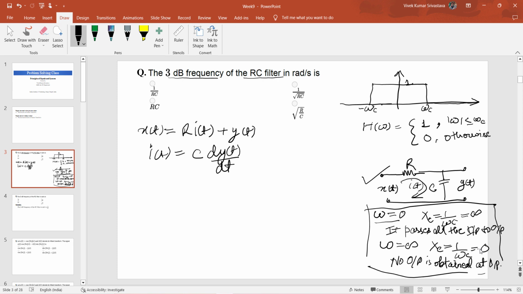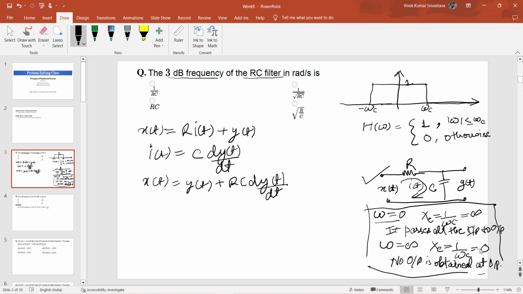Now put this value of i in equation number 1. So you will get x of t equals y of t plus RC dy(t) by dt.